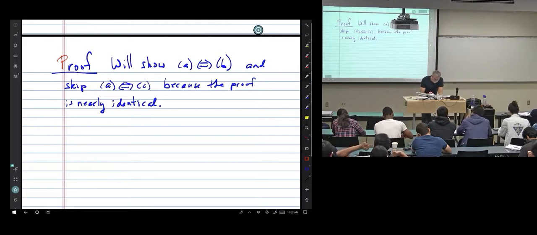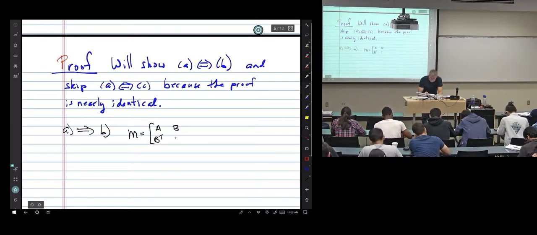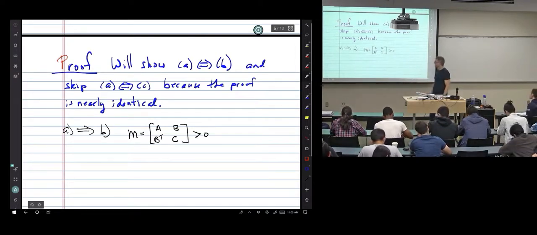Okay, so let's do A implies B first. So we have this beautiful matrix M. We assume it's positive definite.